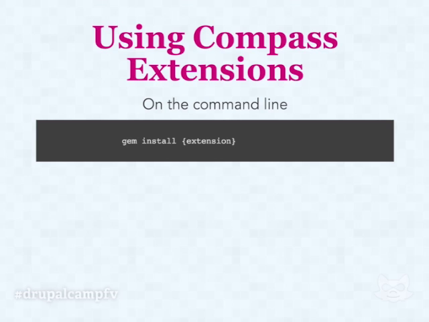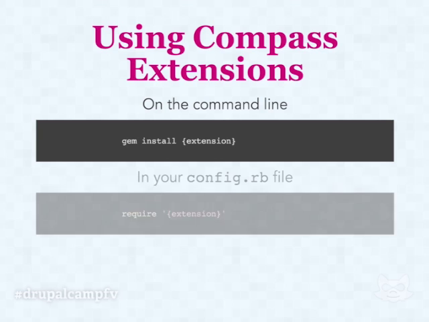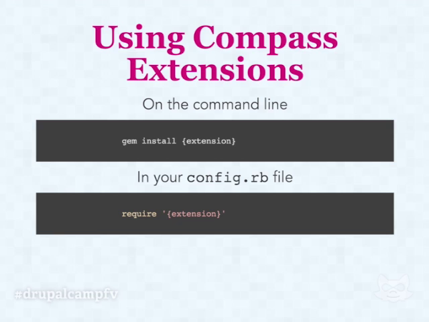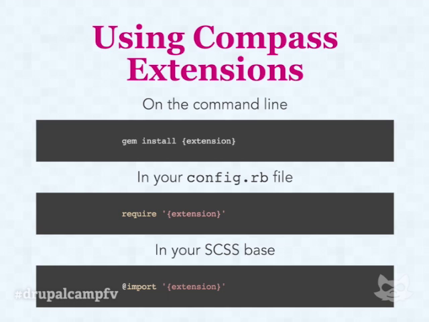Gem install the extension. In our config file for the Compass project, we have to require it. So that's the middle box. And then in my base Sass sheet, I need to import that extension.